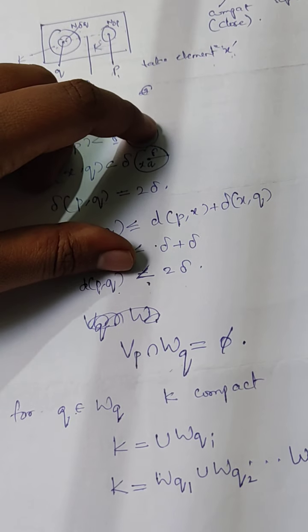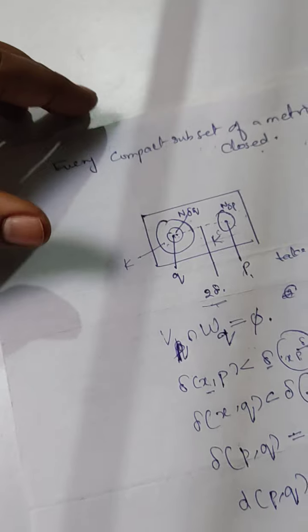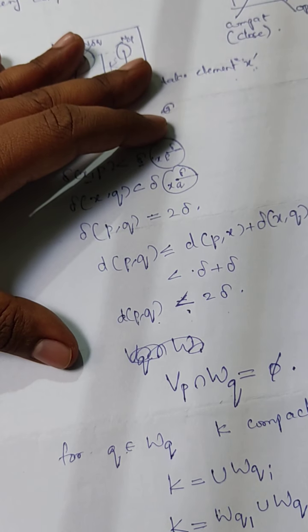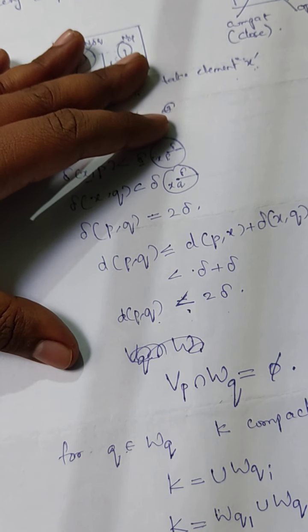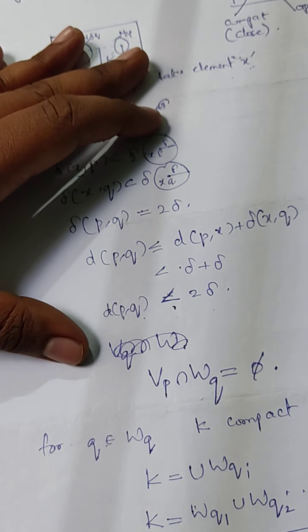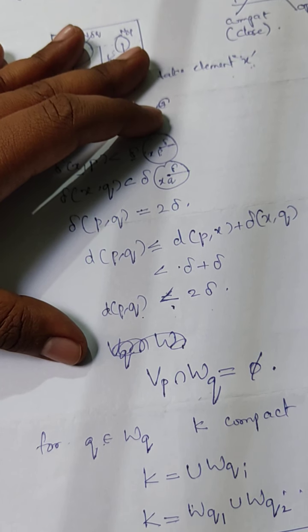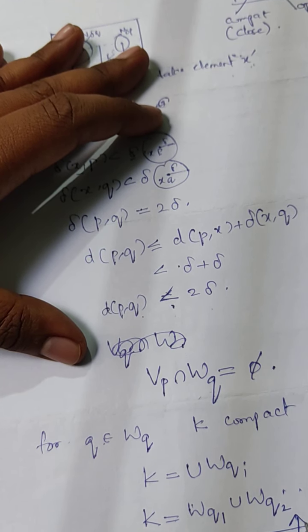All right, now similarly we can write for P belongs to VP. It will also consist of finite subcovers like this one.